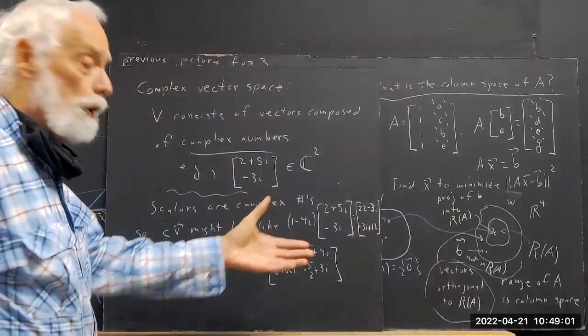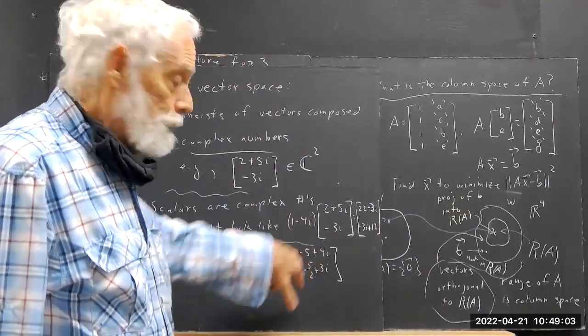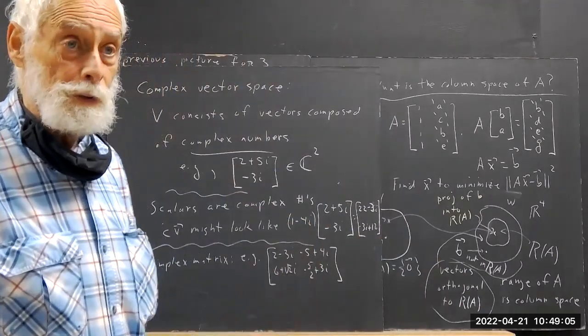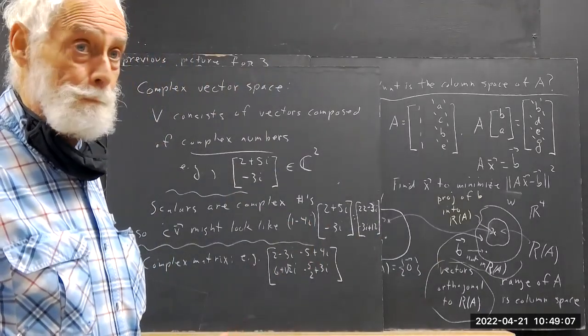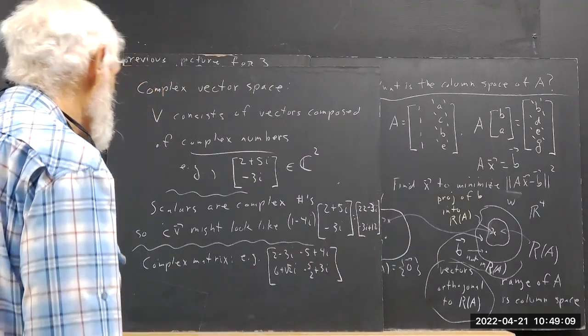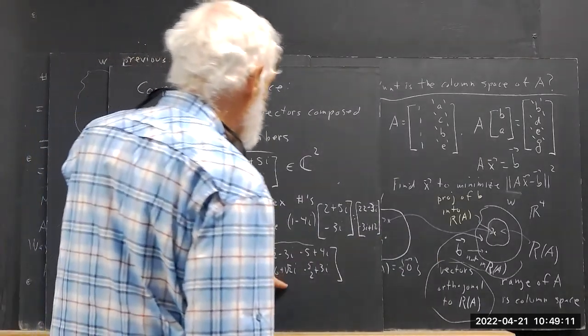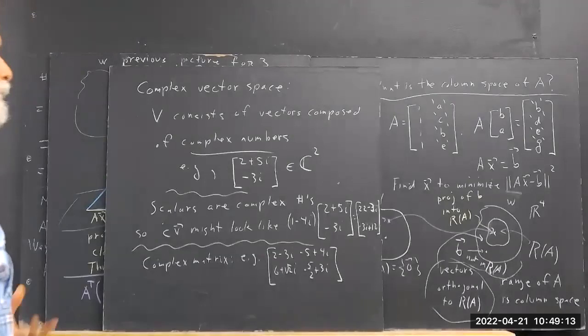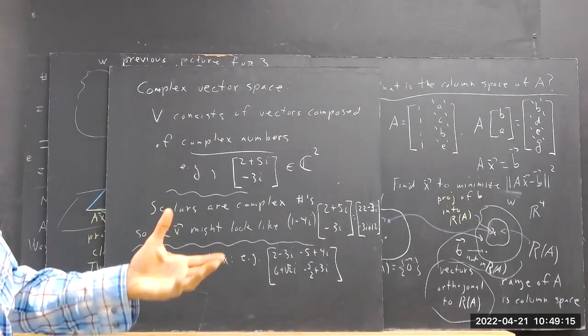Any old 4 complex numbers would give you a 2x2 complex matrix, okay? And this could then define a transformation.